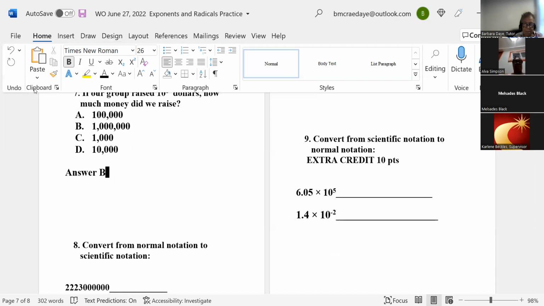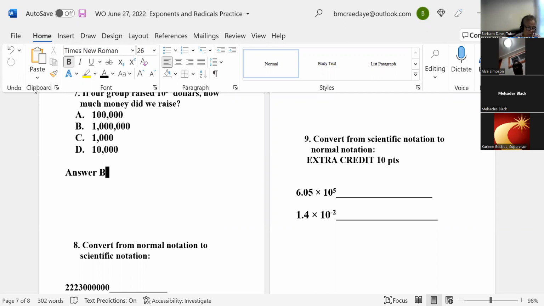Okay, now number 8, let's see what you did on number 8. Mercedes, you gave me 2.10, I don't know where you got that from. You gave me an answer of 2.10 to the 9th power.